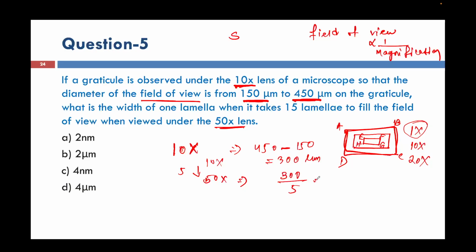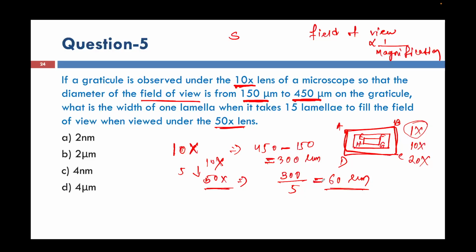That means if I am using a 10x magnification and I am able to see a 300 micron field of view, if I am using a higher magnification 50x, then I will be able to see a 60 micron field of view, right? Using a 50x magnification I am able to see a 60 micron field of view, but I might not necessarily use one lamella.